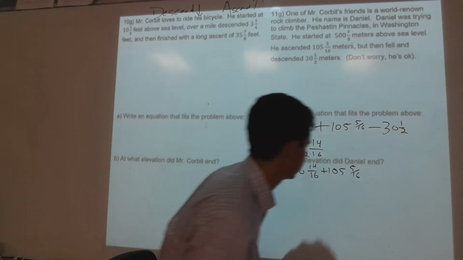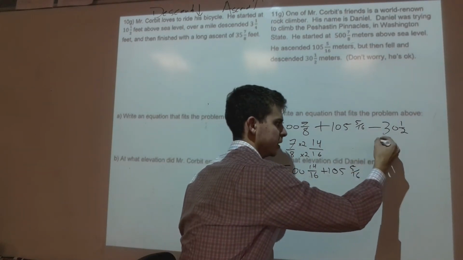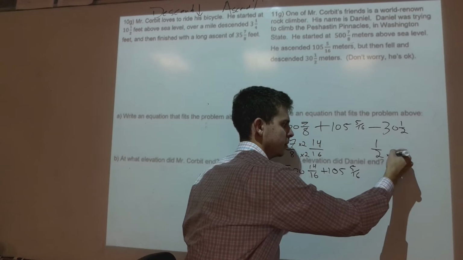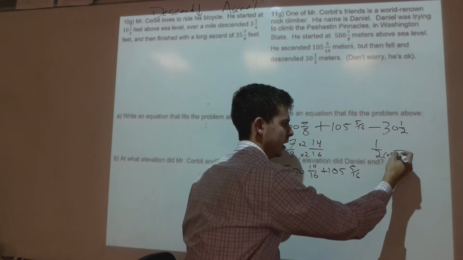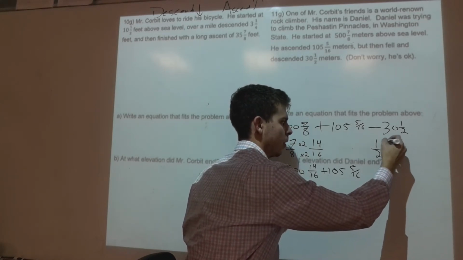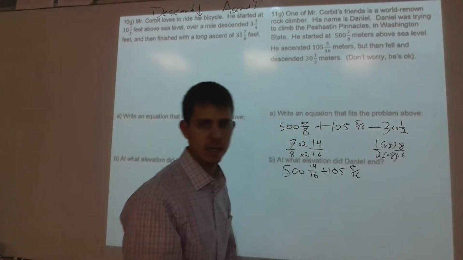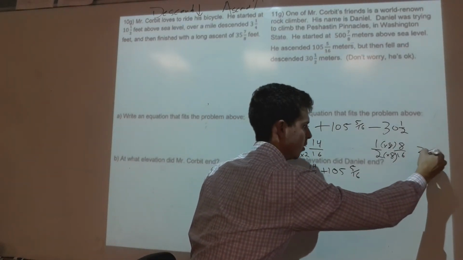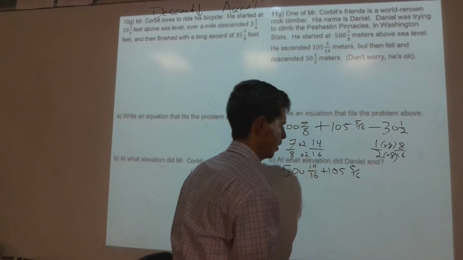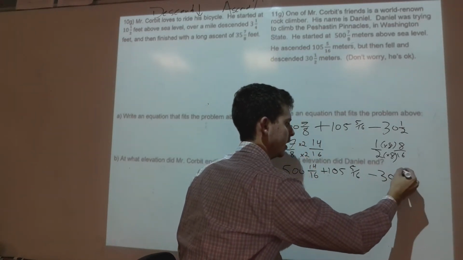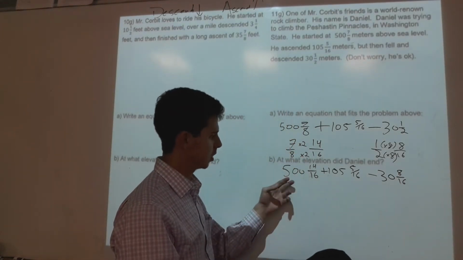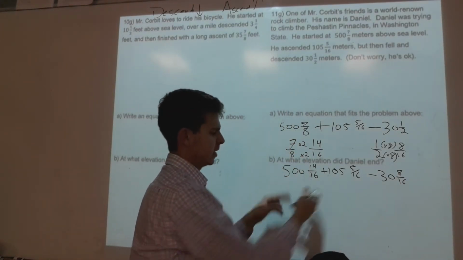Now here we're going to subtract the 1/2. If we wanted something over 16, it's 2 times 8 to get here, and so I'm going to multiply the 1 also by 8, which gives me 8/16. So this here, we can rewrite it as minus 30 and 8/16. Okay, so let's add these first two here.